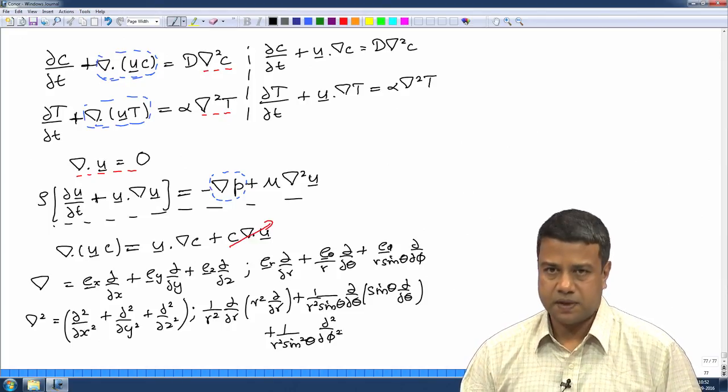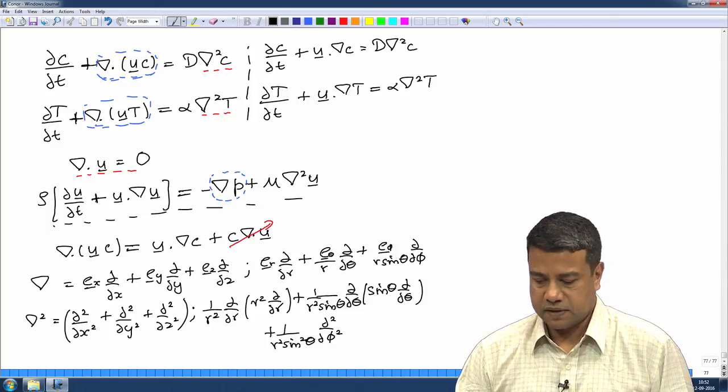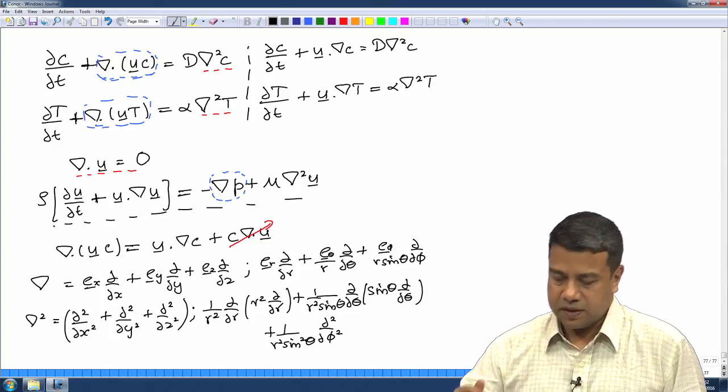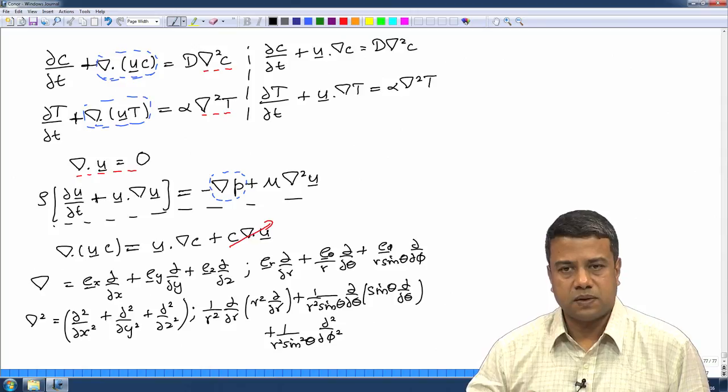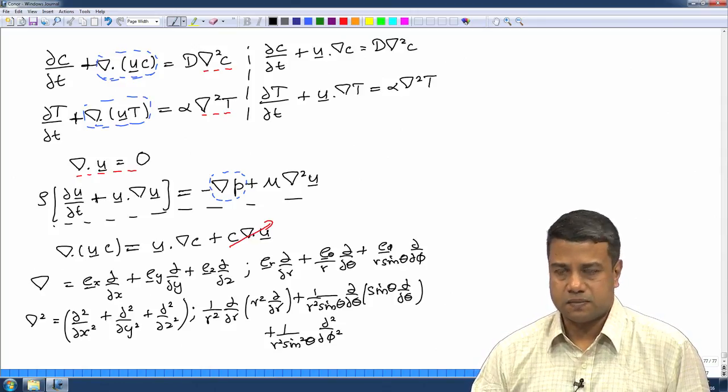So, those were the operators that we had derived in Cartesian and spherical coordinate systems. You just have to put those operators into these equations to get the equations in the different coordinate systems.